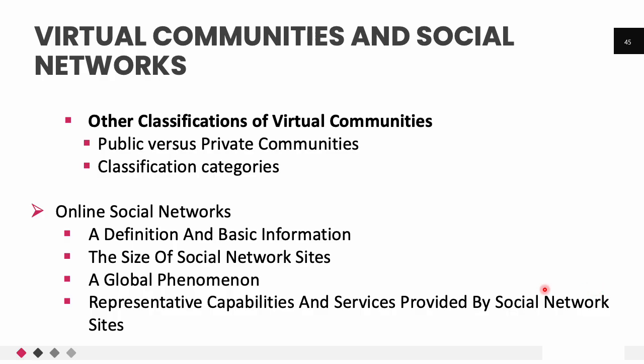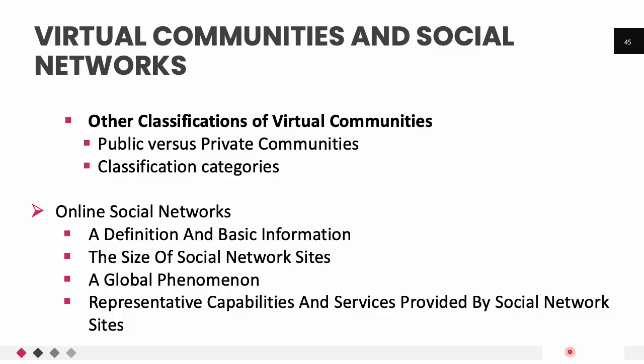And then we have classification categories. These points suggest that there are different ways to categorize or group virtual communities beyond just public or private. We might classify them by purpose, platform, size, something like that.